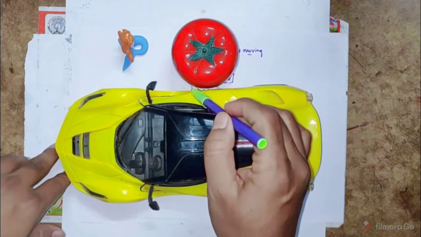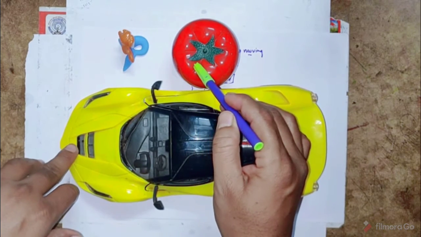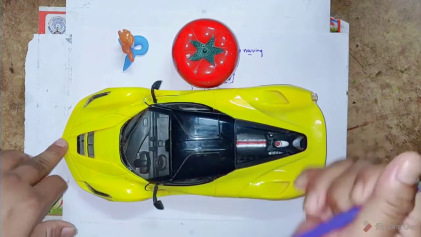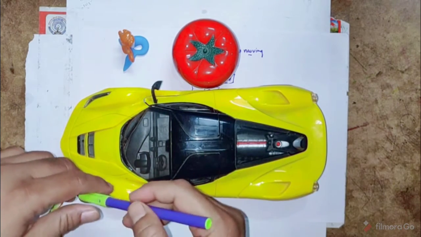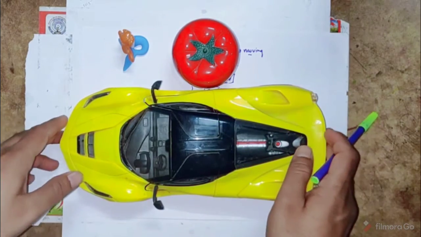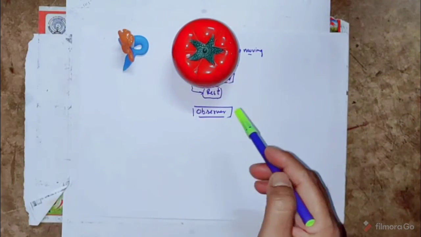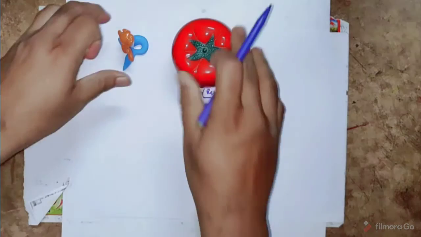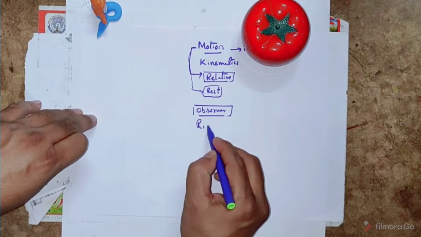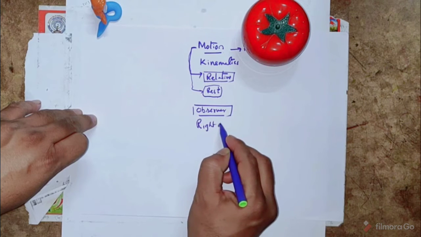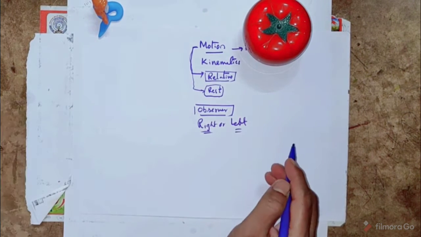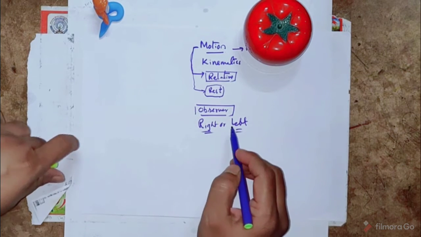Similarly, for the driver the tomato appears to be on the right side, whereas for this small girl it appears to be on the left. So the position is the same, but right or left depends upon the position of the observer from where we are talking.